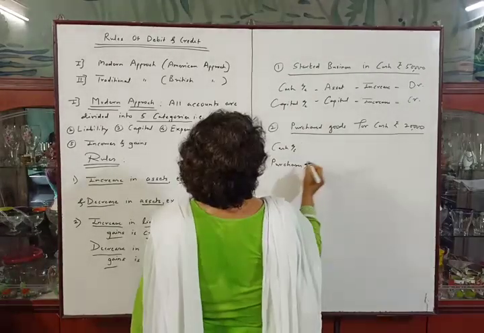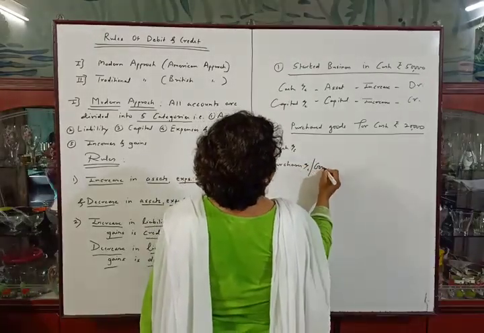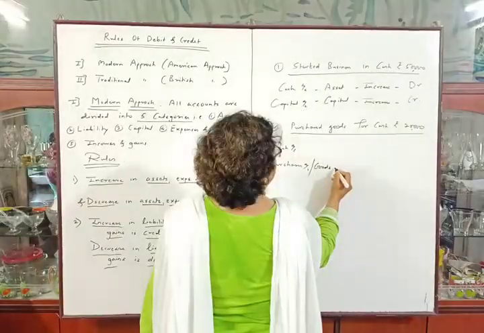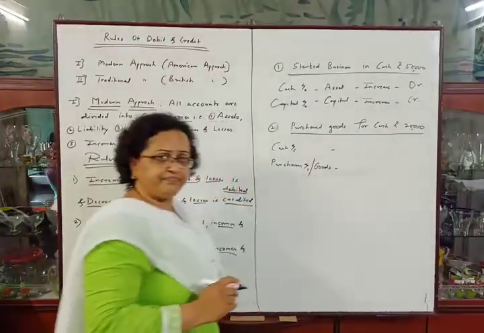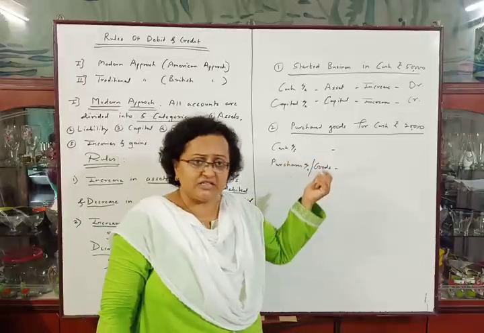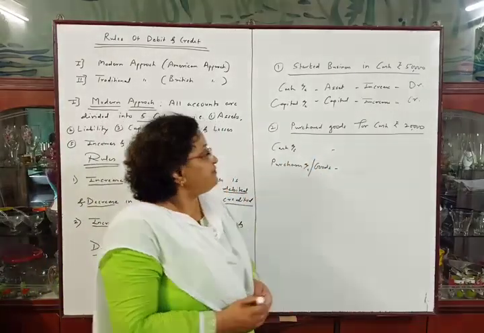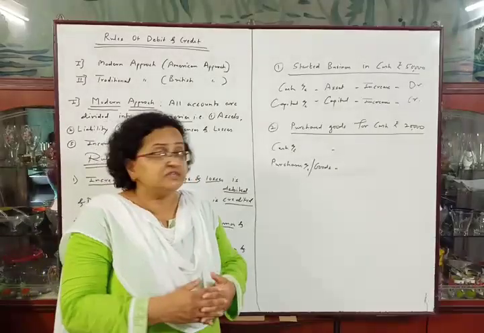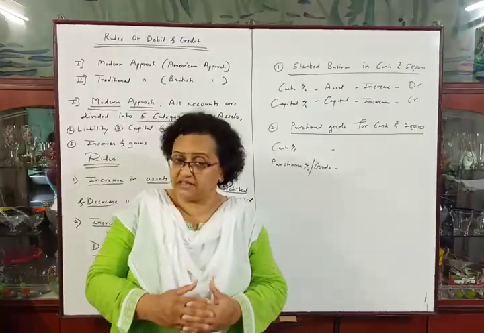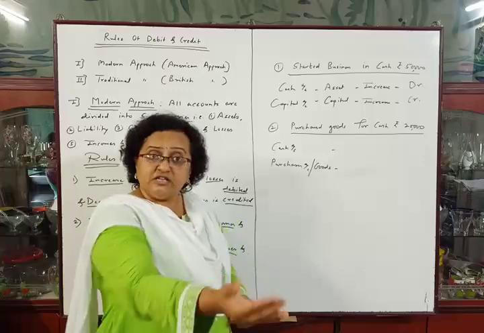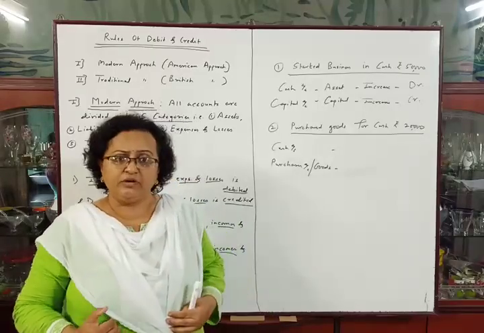You can also term it as goods for a while for better understanding. Okay, first account is cash account and second account is goods account. Now here we are purchasing goods worth rupees 20,000. When we purchase, goods are coming into the business.